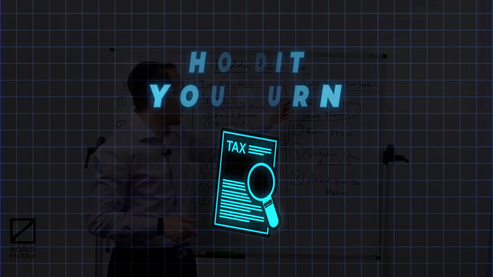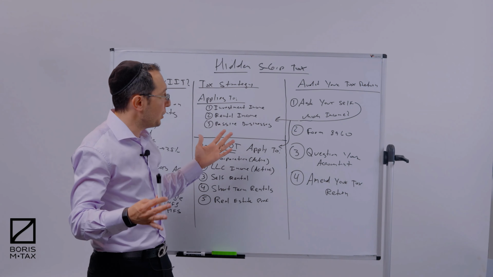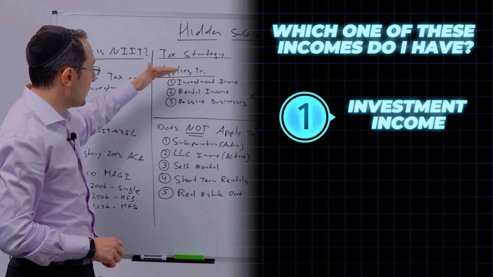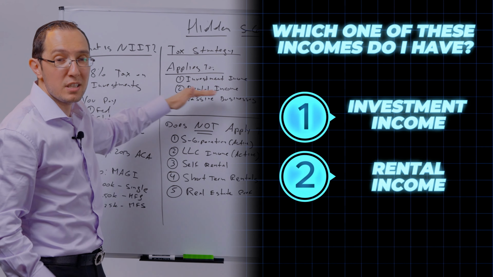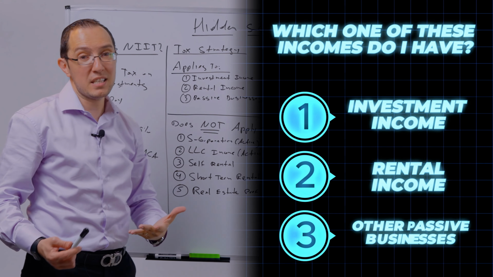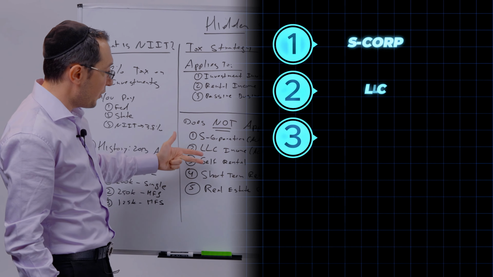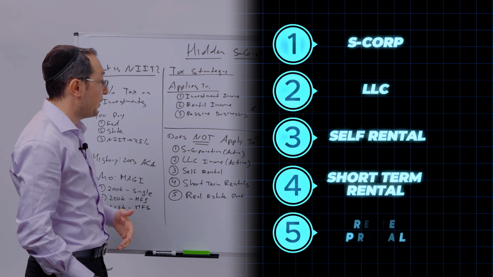Now, let's talk about how to audit your tax return. First of all, you've got to ask yourself, which one of these incomes do I have? Do I have investment or rental income where I'm not a real estate professional, or do I have other passive businesses? Also ask yourself, do I have an S corporation, LLC, self-rental, short-term rental, or am I a real estate professional?